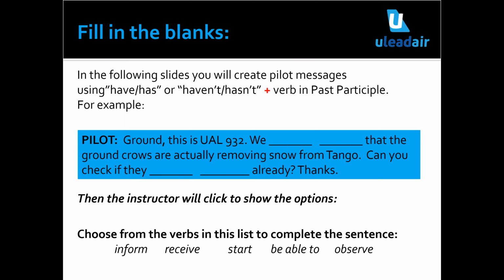Can you check to see if they have finished already? Sort of like what you're doing now, but instead of saying we haven't observed if they have started already. For instance, they're told that they're going to be clearing the snow, and they're watching them. That looks like they're still drinking their coffee or something, I guess.